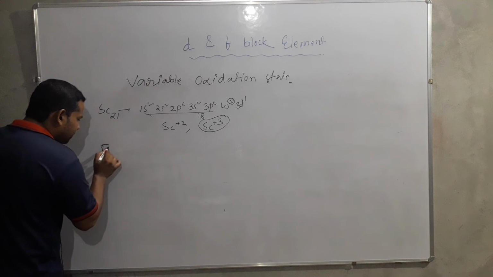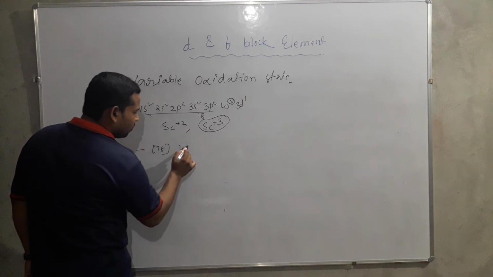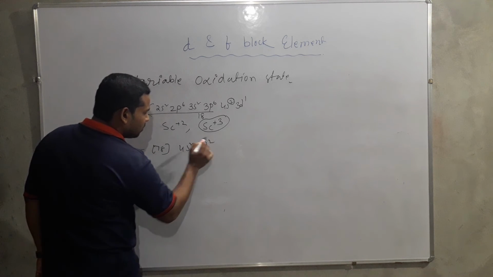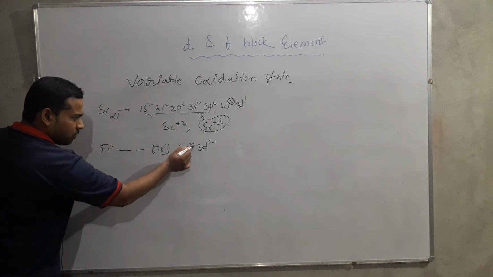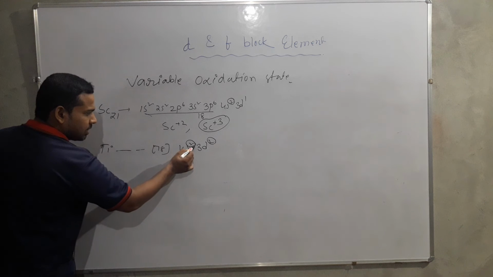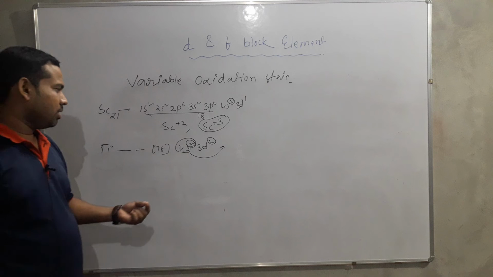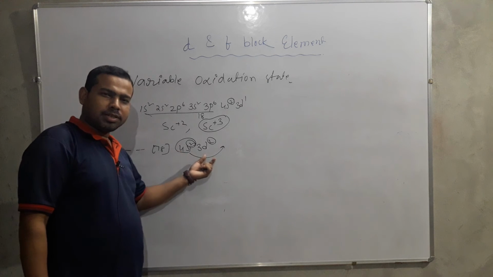Another is titanium. 18 configuration, then 4s2, 3d2. So titanium first loses 2 electrons from 4s, because the 4s is in the outer orbital. According to the above principle, this one comes to the inner side.